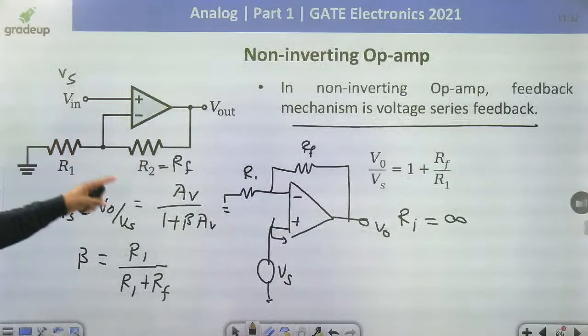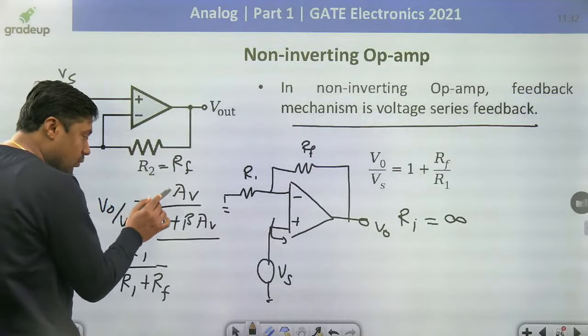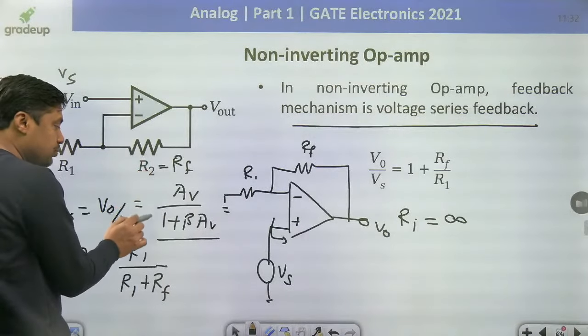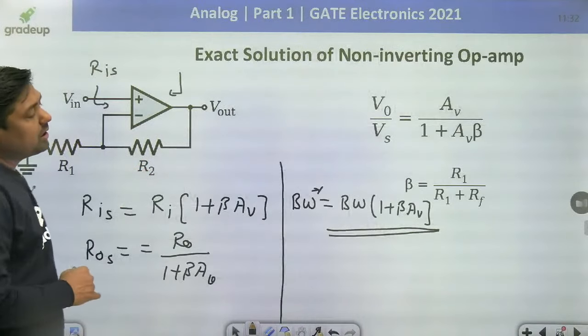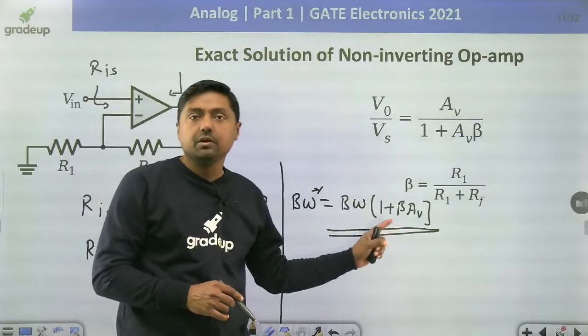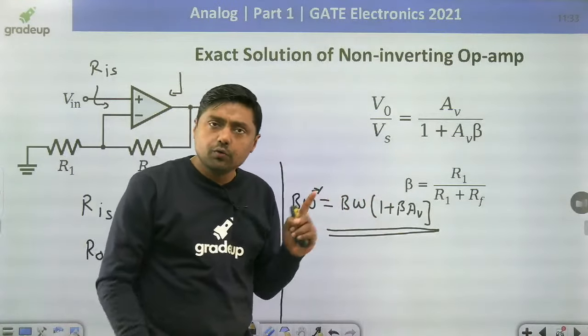The gain reduces by 1 plus beta AV, where AV is the open loop gain. 1 plus beta AV is called the desensitivity factor. If the gain reduces by 1 plus beta AV, then the bandwidth will increase by 1 plus beta AV. That is the advantage of negative feedback.